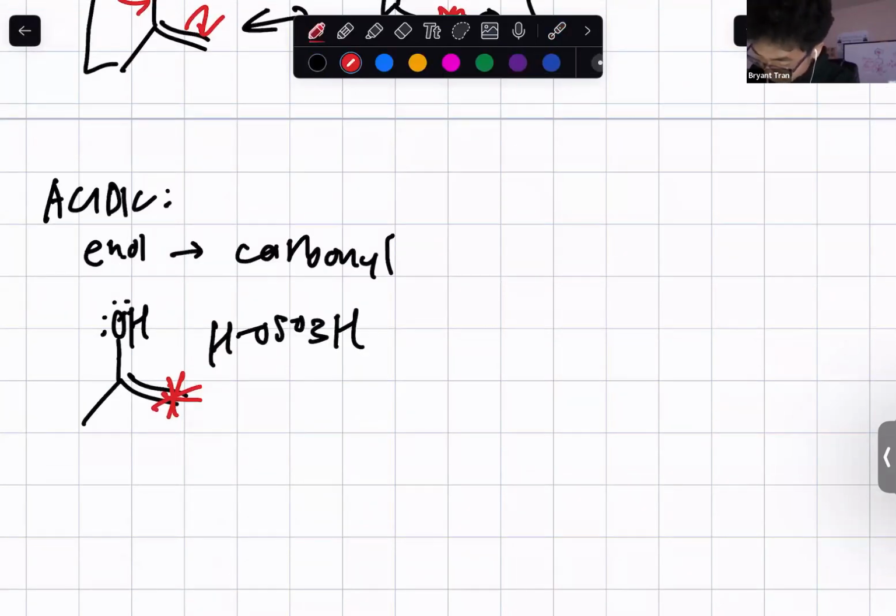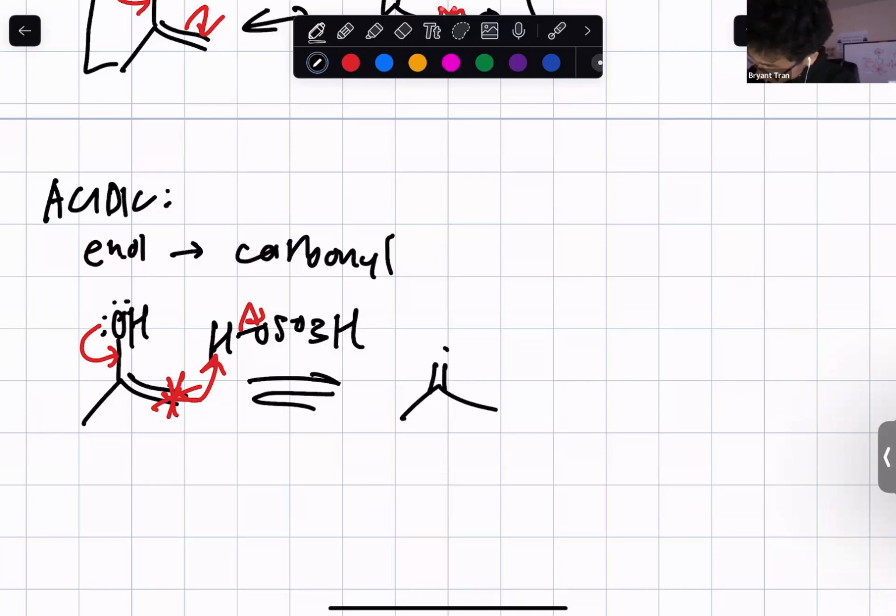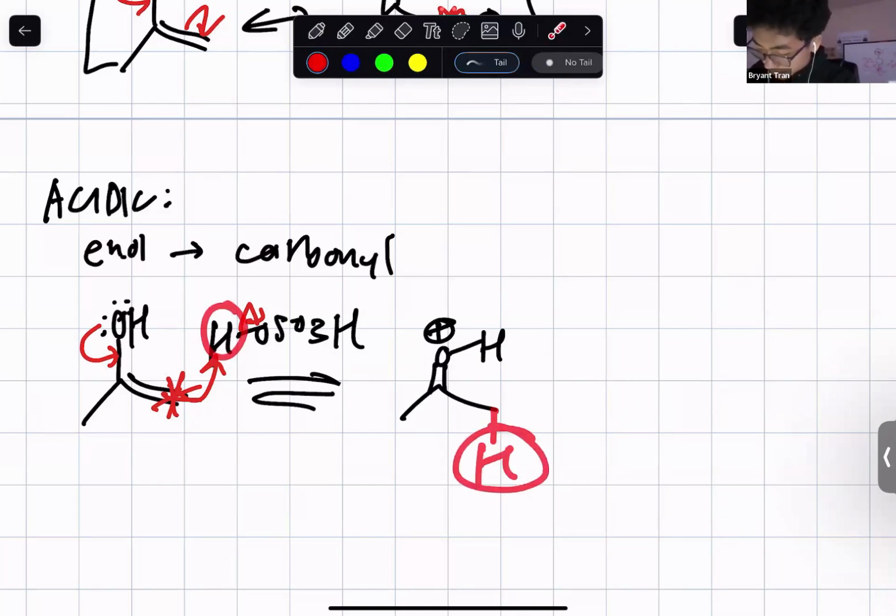So we're going to form a carbonyl, carbon double bond oxygen, between this oxygen and carbon, but that's going to break the octet rule for this carbon because it has 5 bonds now: 1, 2, 3, 4, 5. To conserve the octet rule, I'm going to use this bond here to grab this hydrogen and kick out an HSO4 minus to give me this intermediate right here. I'm going to make this hydrogen that we grabbed invisible. We don't have to draw that hydrogen out. It's still there, but it's invisible.